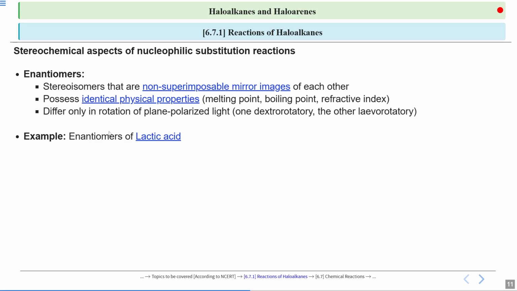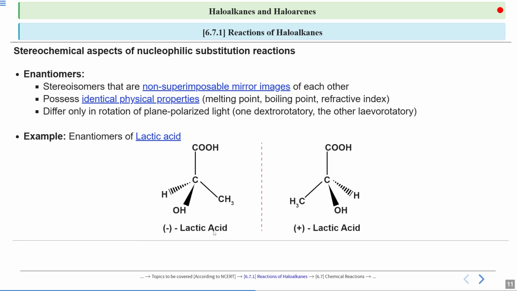For example, if you take the enantiomers of lactic acid, let's see. So we have the structure of lactic acid. One is levorotatory and the other one is dextrorotatory. How do we identify that? You put a negative sign, which means it is levorotatory. It can rotate the plane of plane polarized light to the left direction. And the other structure is dextrorotatory because it can rotate the plane of plane polarized light to the right direction.